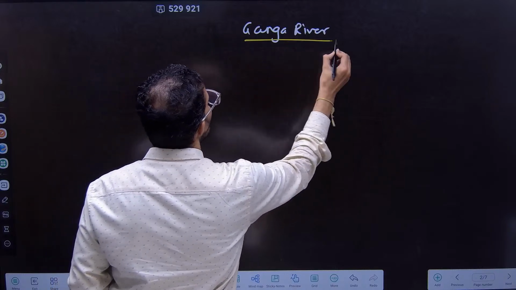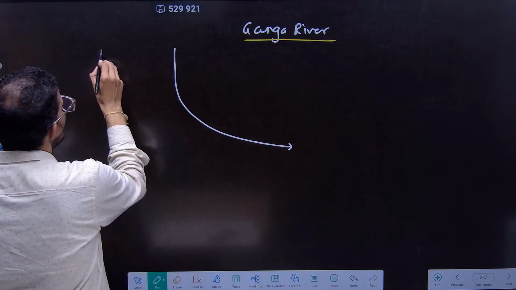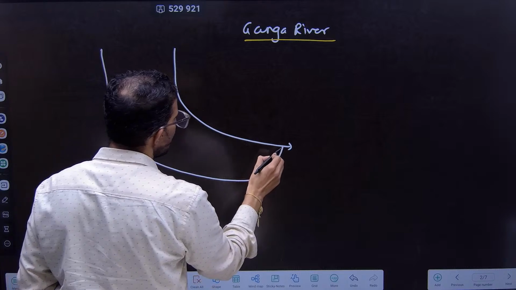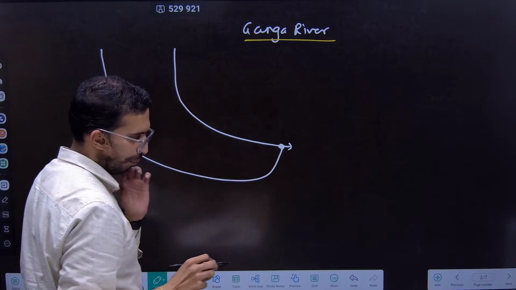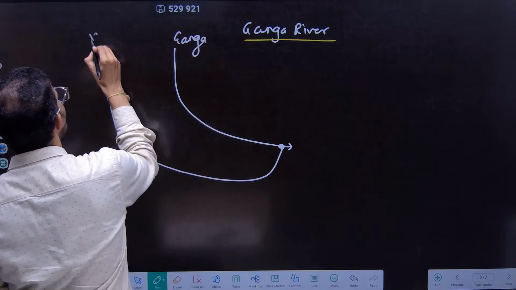We have seen this is the Ganga joined by the Yamuna. Over here, let's understand. So this is the Ganga river system and this is the Yamuna.